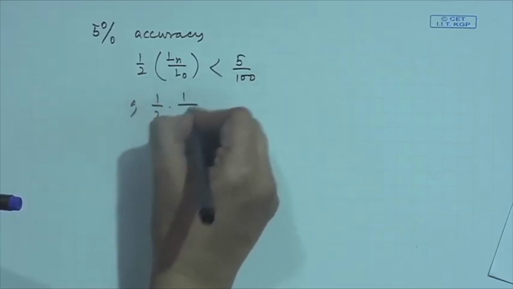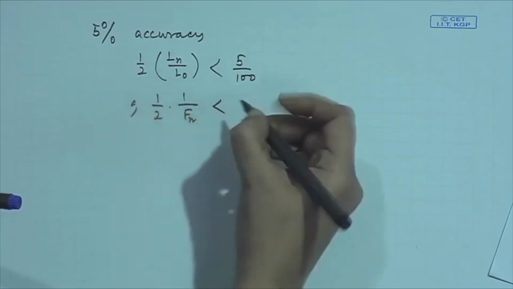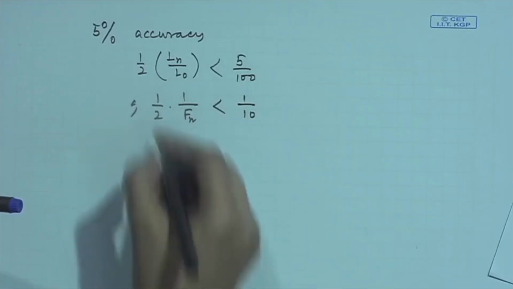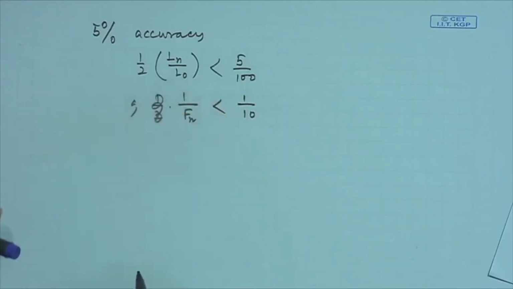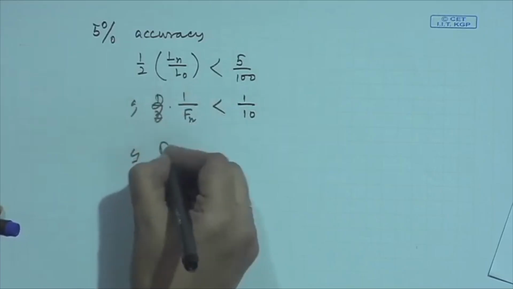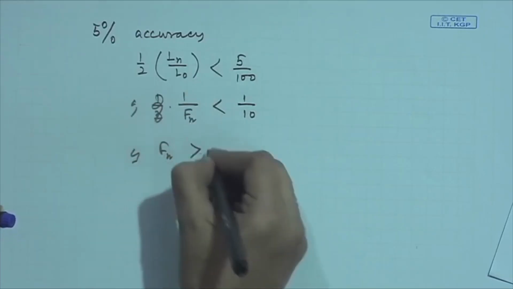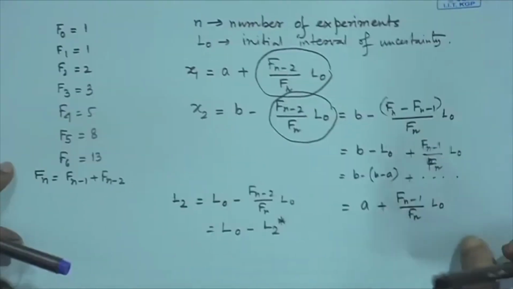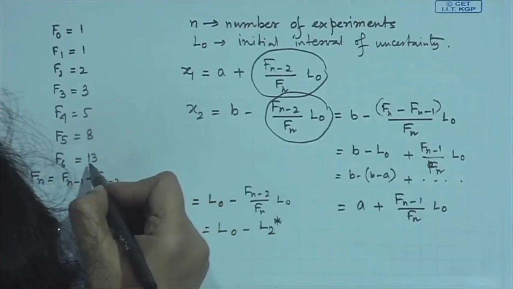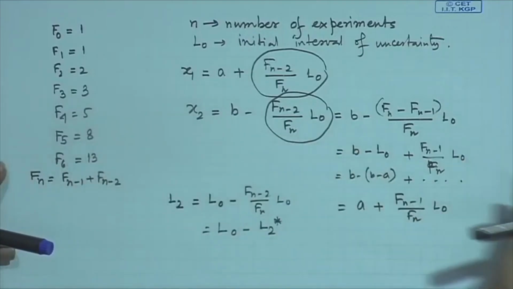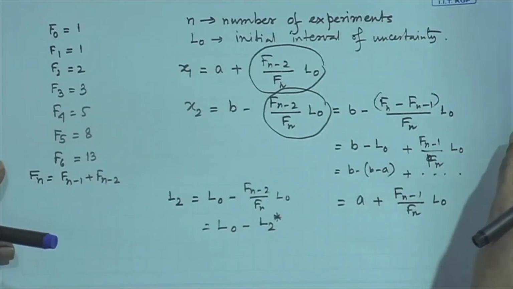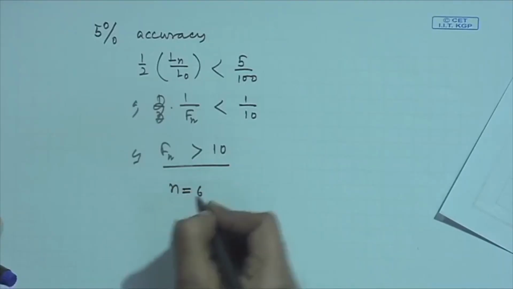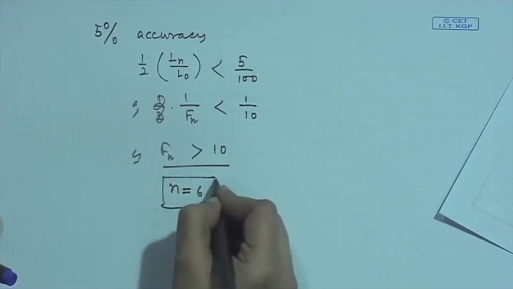Again, half into 1 by Fn is less than 1 by 20, so the 2 won't be there: 1 by Fn is less than 1 by 10. That means Fn must be greater than 10. If I again see the Fibonacci series, Fn greater than 10, the minimum value must be 13. That means I need to do 6 iterations. That is the beauty of it.